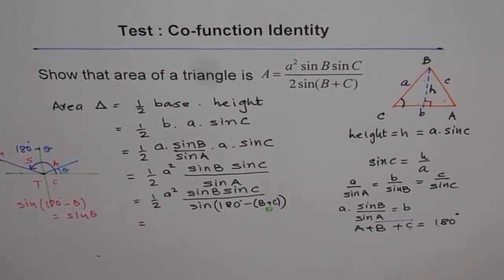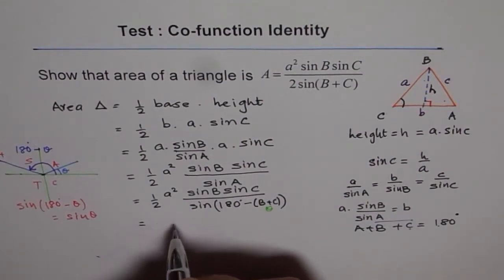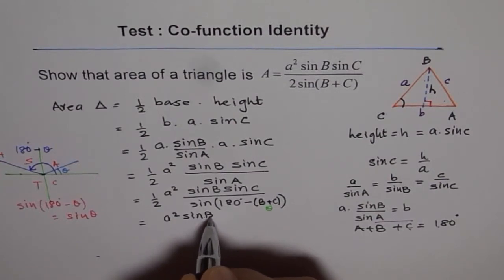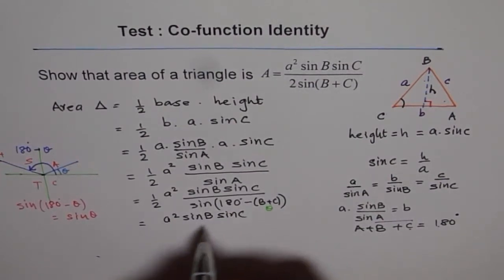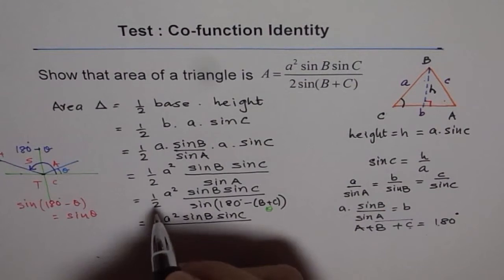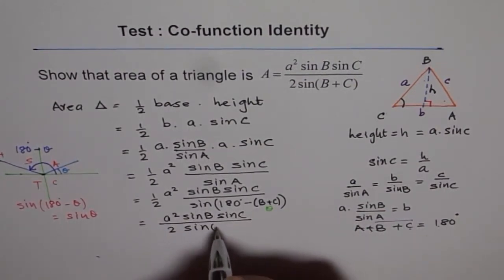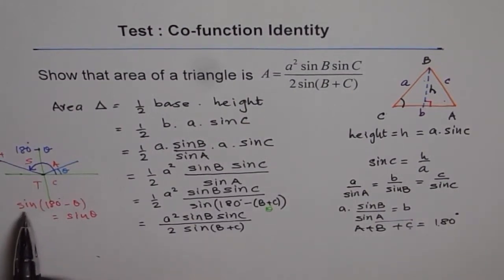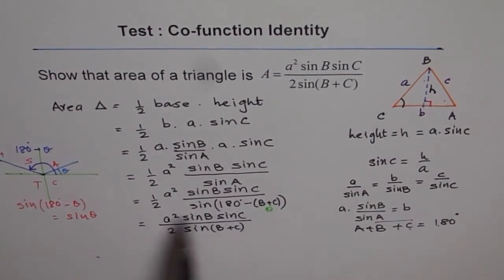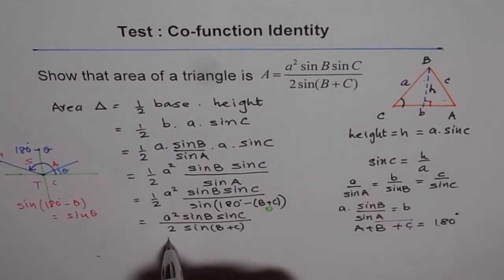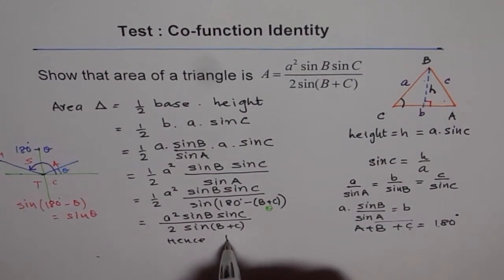So therefore we can write this as A square sine B sine C divided by, I'm writing in this form, 2 in the denominator, sine of (B plus C). Do you see that? Because sine of 180 minus theta equals sine of theta, and that is what we wanted to prove. Hence, proved.